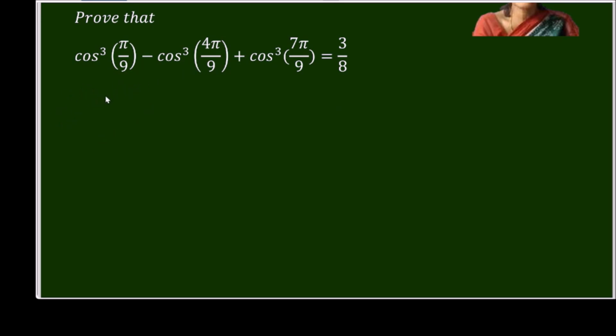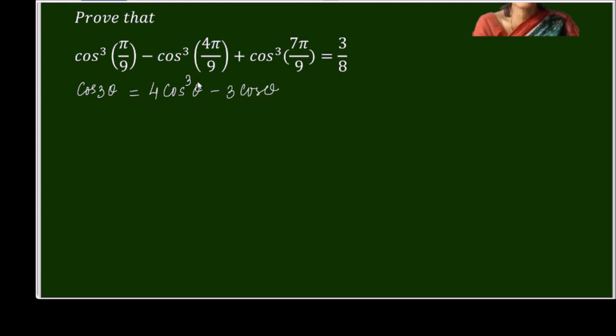So first I'll discuss two formulas here. One is your cos 3 theta. We know that cos 3 theta equals 4 cos³ theta minus 3 cos theta.